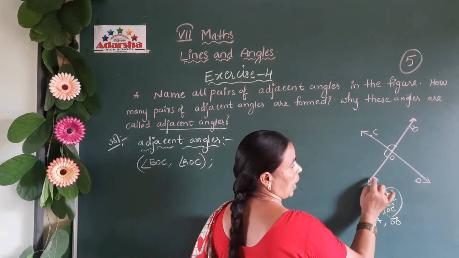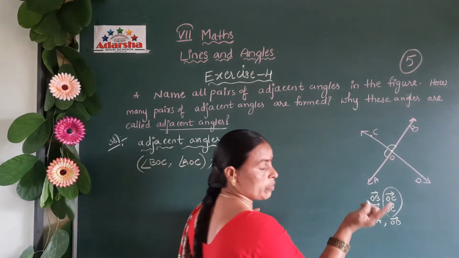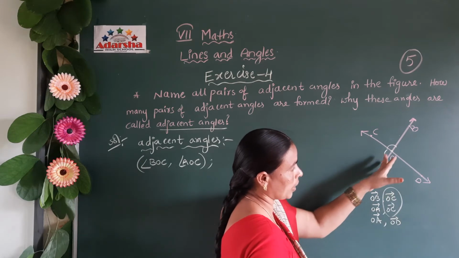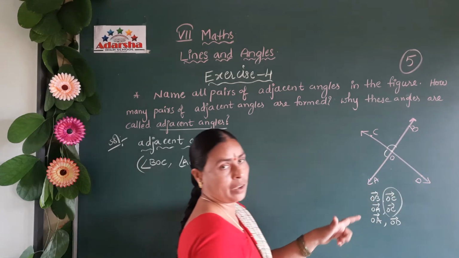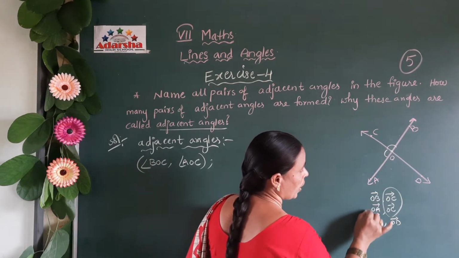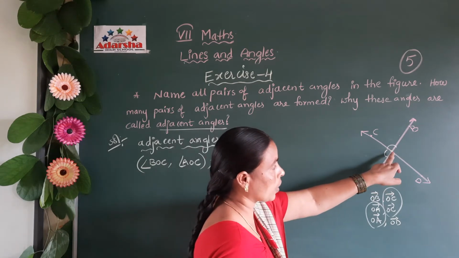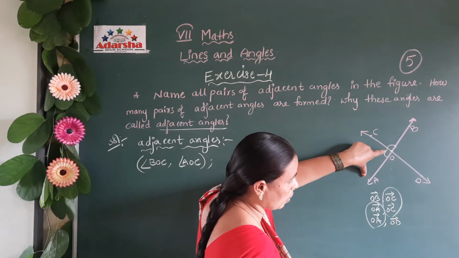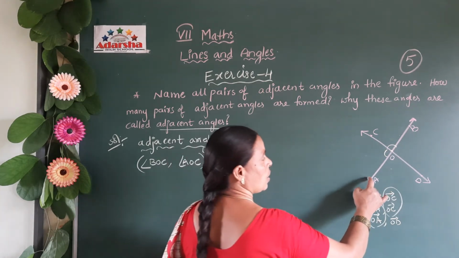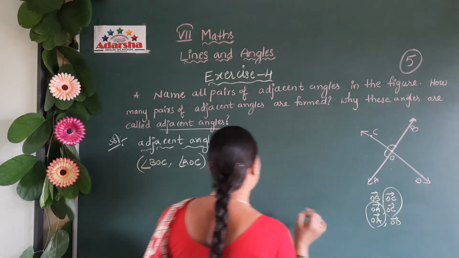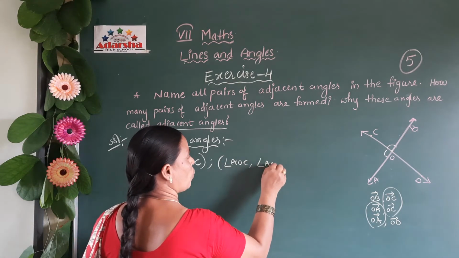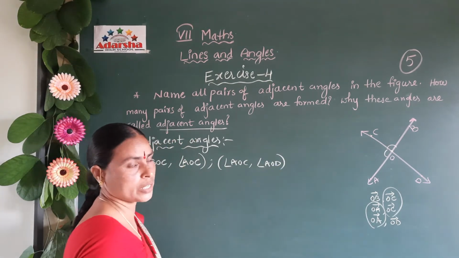In these two angles, OA is the common arm. They have the common vertex O and the common arm OA. So these two angles are called adjacent angles. Angle AOC and angle AOD are the second pair of adjacent angles.